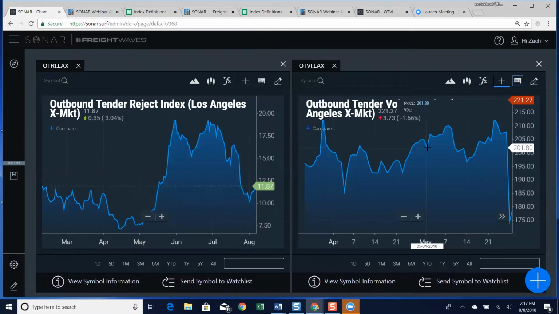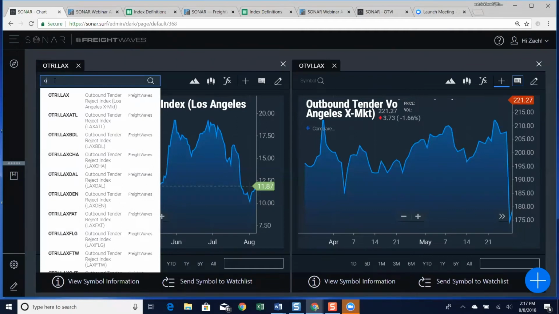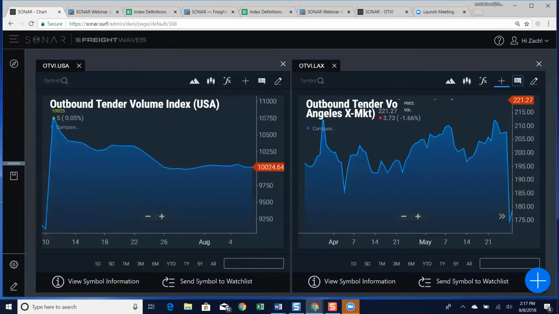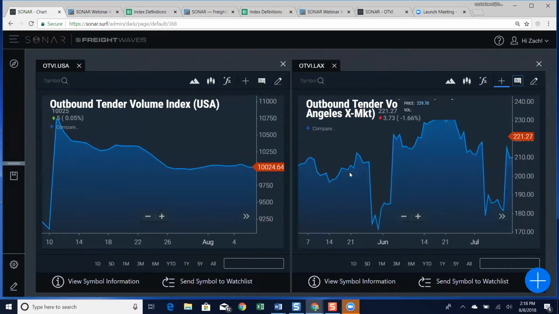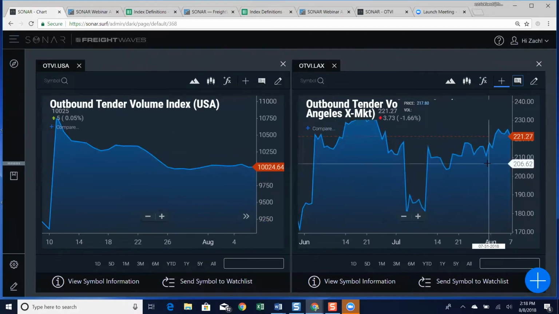In order to get the volume as it is today, what it represents as a percentage of today, you need to understand what the volume is in the country. Let's just pick today because that'll be the easiest one to illustrate. LA is at 221.27, and the market itself is at 10,024.64.